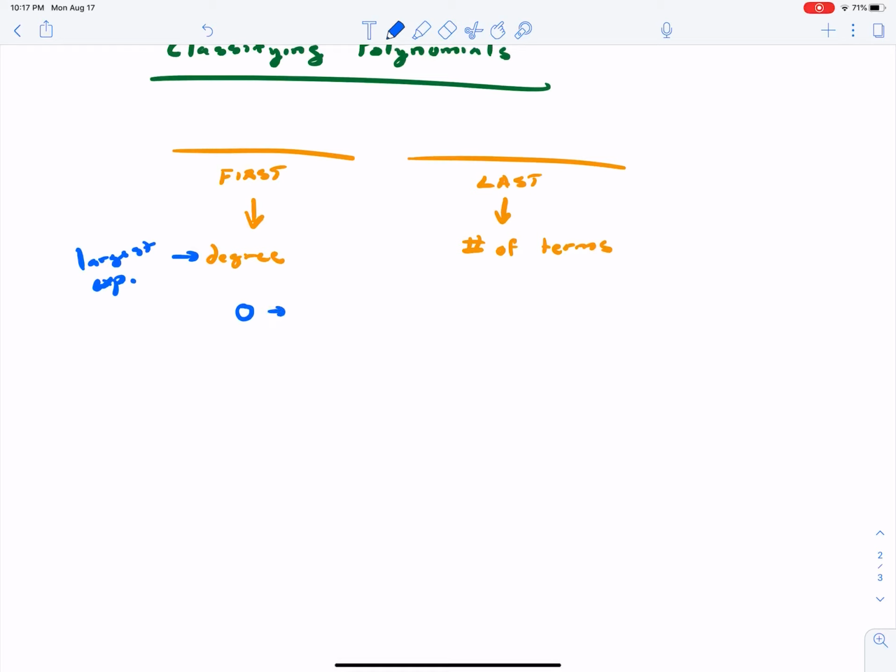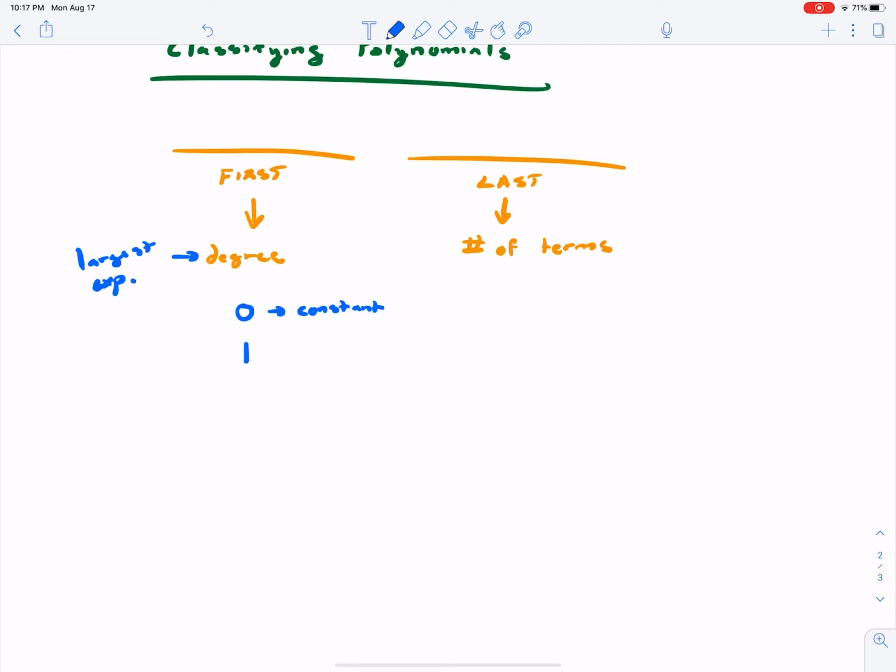Meaning there are no variables in your expression. You would call that just a constant when it doesn't have a variable, okay? So something like 4, 5, 6, -2, +5.